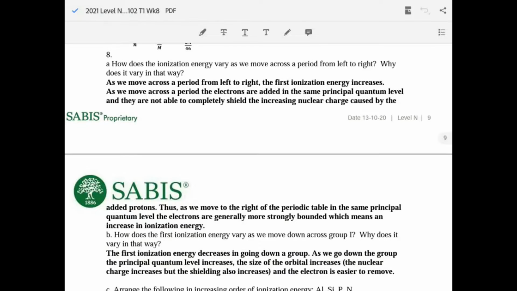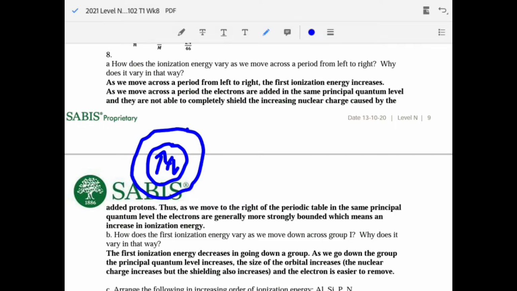Okay, so for number 8, we're asked about ionization energy as we move across a period. So you have the nucleus with increasing positive charge as you go from left to right, and you have the same number of core electrons. So let's say for the first group you have one electron there. This positive energy is going to reach it from this side, and then this positive energy doesn't reach it.